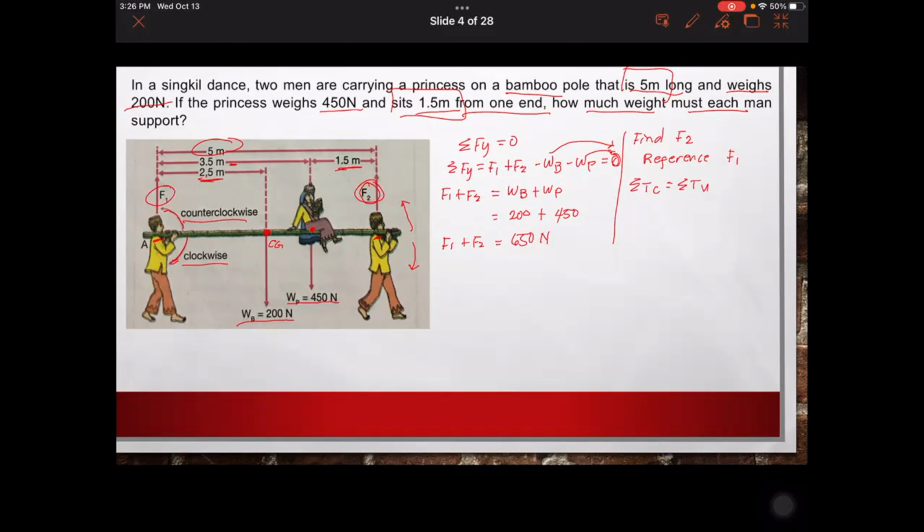So we have our clockwise here. What are our downward forces? The downward ones are the weight of the bamboo times the lever of the bamboo. When we say lever, that is the distance. Plus the weight of the princess times the lever of the princess, is equal to F2 times lever 2.